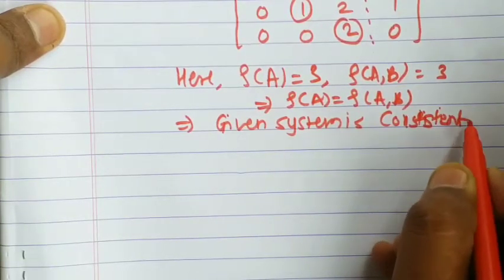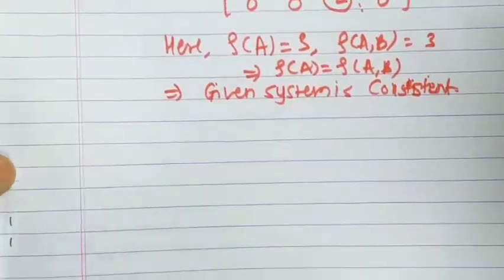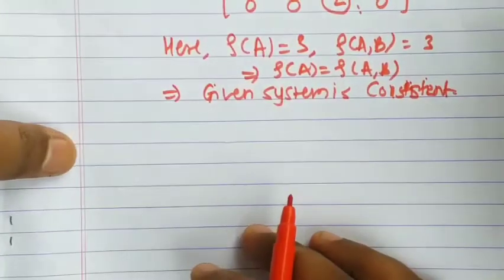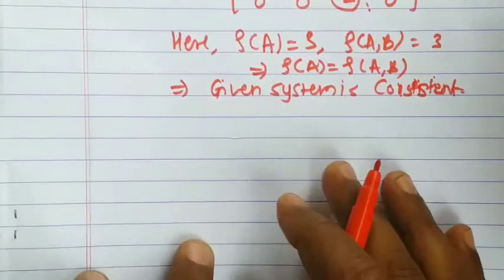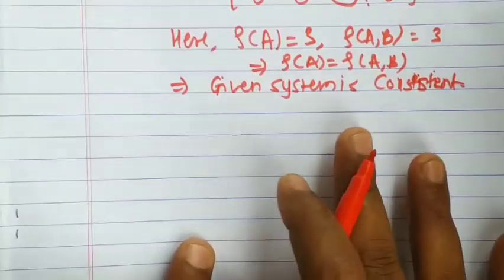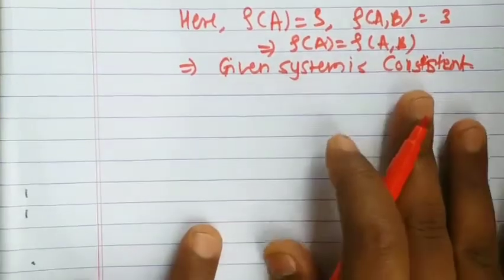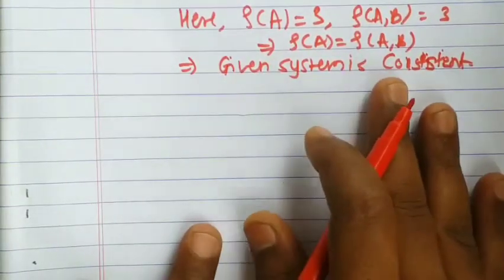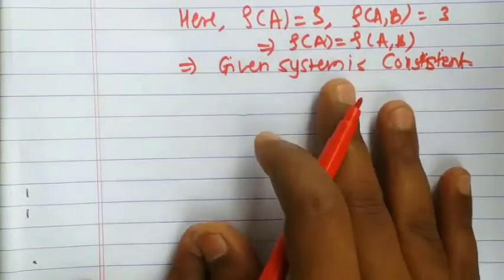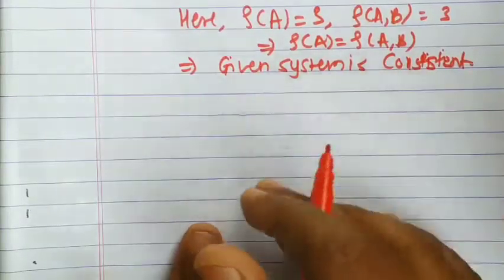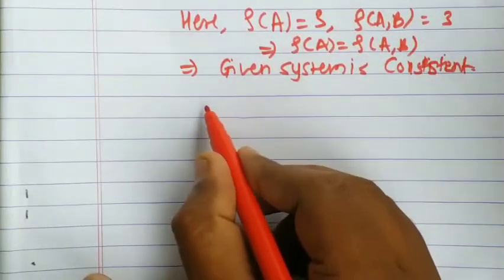Now when we have this conclusion that the system is consistent, then in that case we need to calculate the solution also. And if the system is inconsistent, we can directly say the system doesn't have any solution. But if the system is consistent, it means it will have some solution, either unique or infinitely many. For that we need to compare this rank with the number of unknowns.